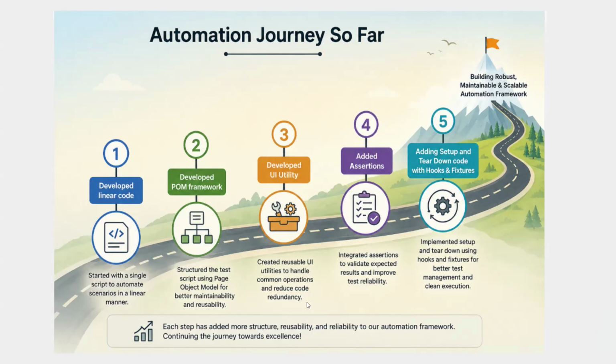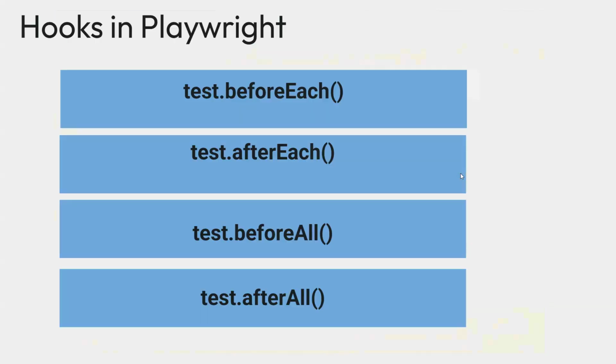In this video, we will learn how to write setup and teardown code with the help of hooks and fixtures. Now you all might have a certain piece of code that should get executed before each test or suite, or after each test or suite. You can do that with the help of Playwright hooks.